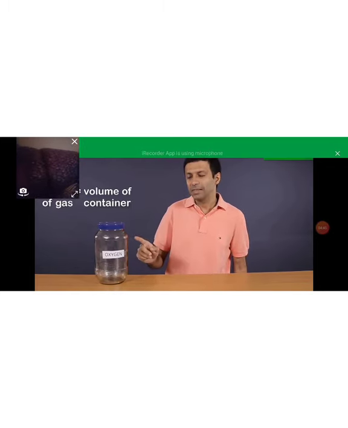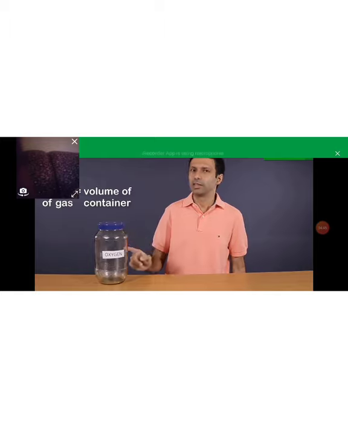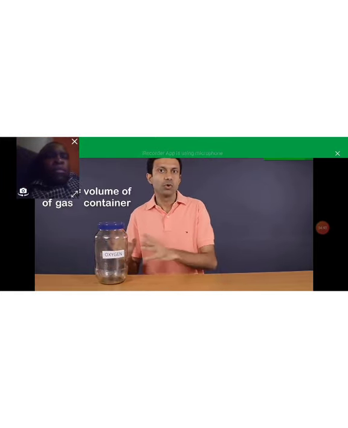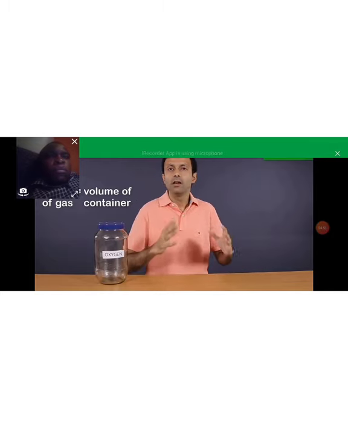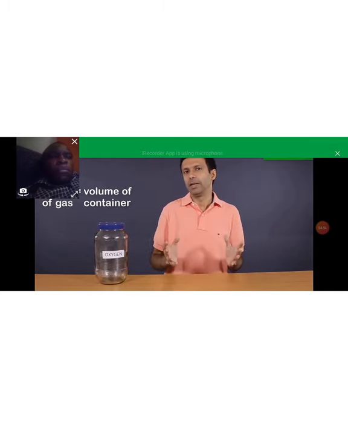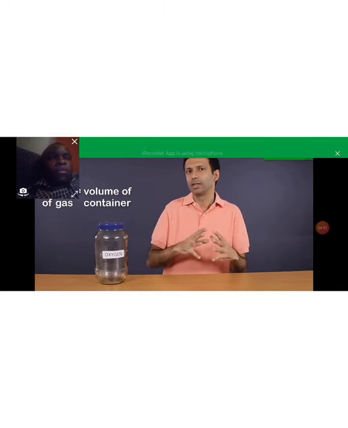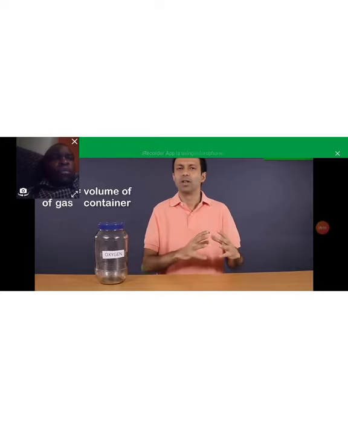The volume of the gas is the volume of the container. So for example, if I transfer this gas into a larger container, it will fill that container completely. Or if we apply some pressure and try to fit it into a smaller container, then the volume of the gas will be the volume of the smaller container.